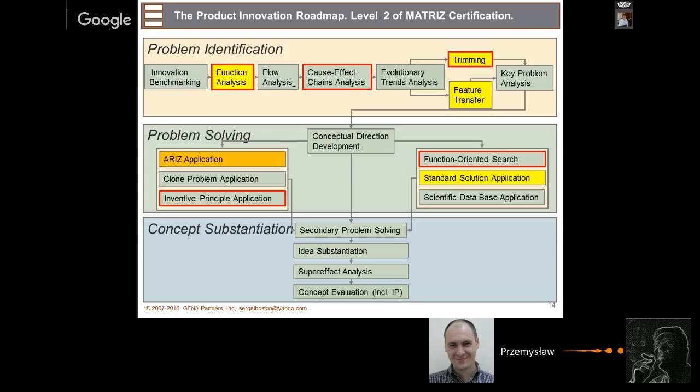The second claim to fame of ARIZ is its focus on achieving the so-called ideal final result. We solve a problem and change the initial system minimally. Ideally, we don't change it at all. Manufacturing people usually love this approach because it's a dream. You resolve your problem and you have not changed much in your initial system. How to do that? The only way is to use only the resources that I already have.